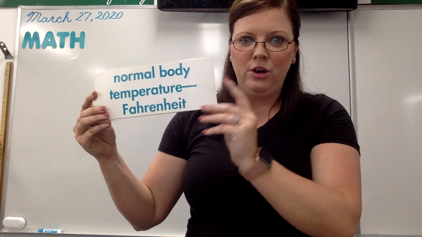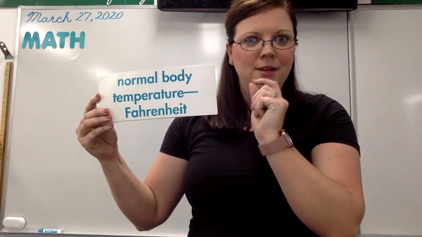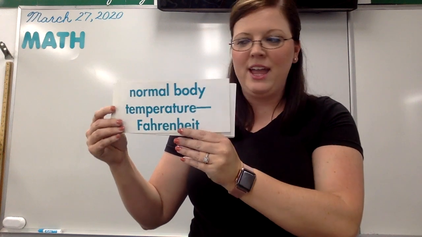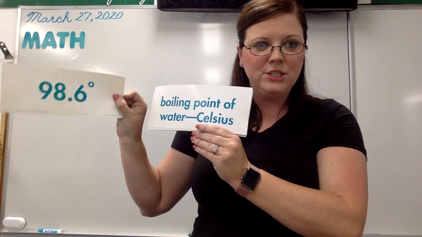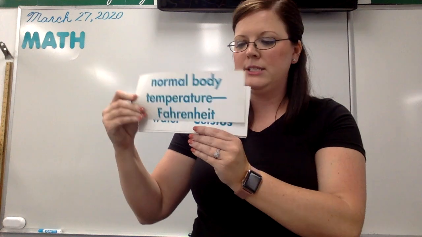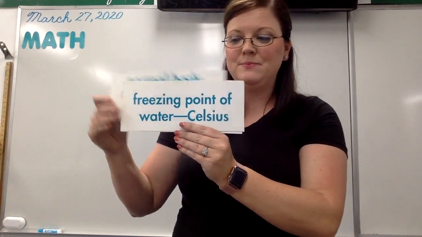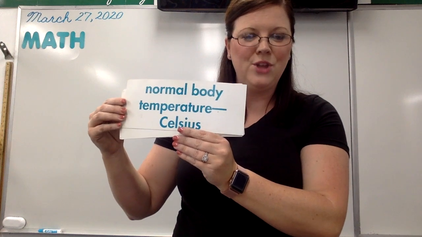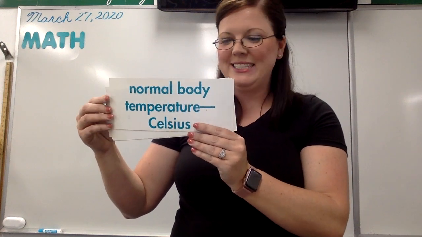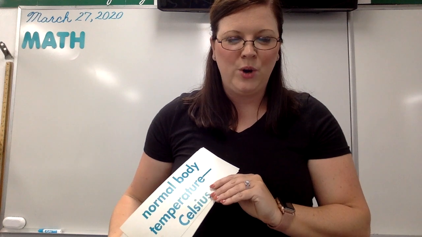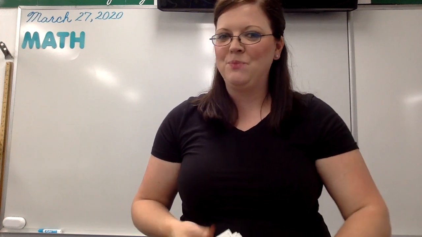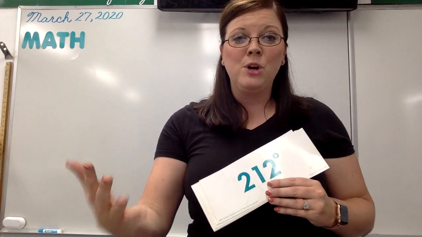So if you're checking your temperature, if you've got a temperature higher than 98.6 degrees Fahrenheit, ooh, goodness, not good. 0 degrees Celsius. 37 degrees Celsius. Were you able to touch the screen? I hope so. Okay, I want you to know it backwards and forwards.